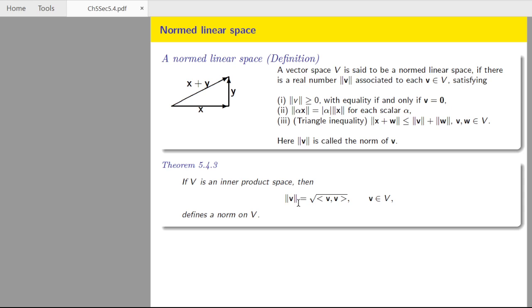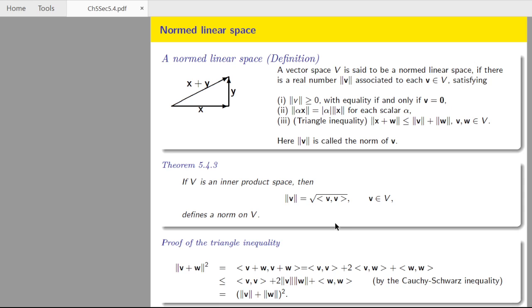Although we define the length or the norm in the inner product space, what does that mean? That means if we want to show this definition actually gives us the definition for the norm, we have to verify whether or not these three properties are satisfied.